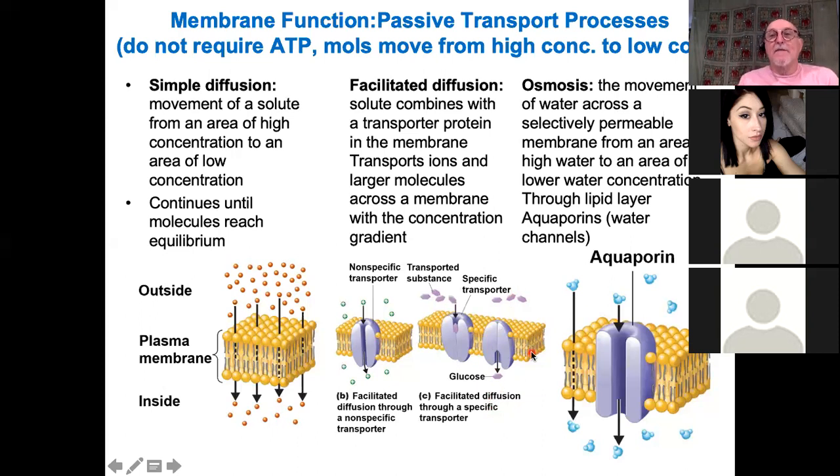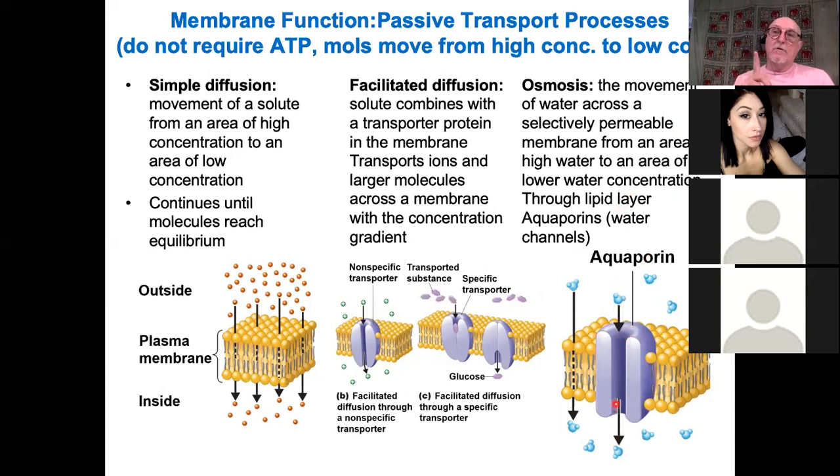The other thing, which I have told you already but it bears repeating, is that the transport of water is done by special facilitated proteins. These are called the aquaporins. Here they are. They allow relatively free passage of water across.